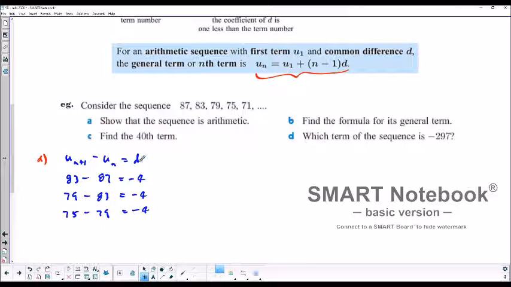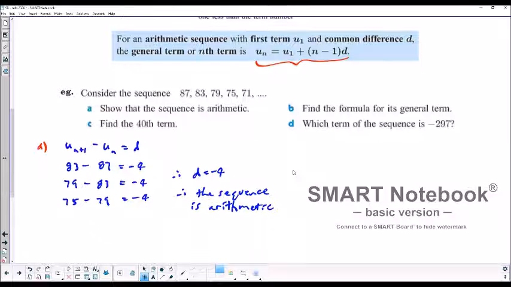Because all those differences are the same, there is a common difference. So d equals -4. Therefore, the sequence is arithmetic. So we have shown that this sequence is arithmetic.